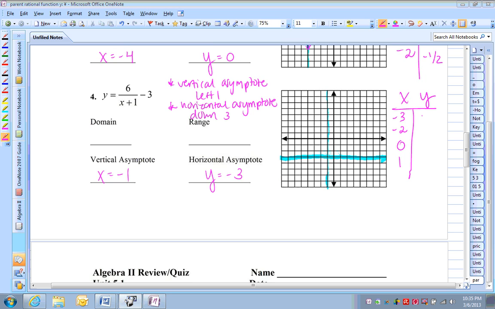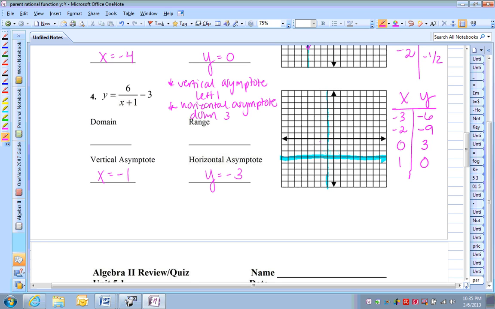Negative 3 gives you a y value of negative 6. Negative 2 gives you a y value of negative 9. When you plug in 0 for x, you get a y value of 3. And when you plug in 1, you get a y value of 0.